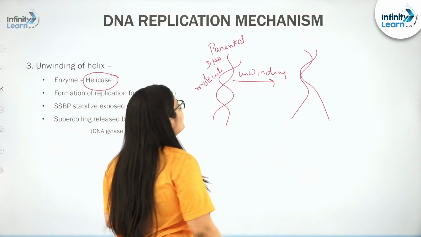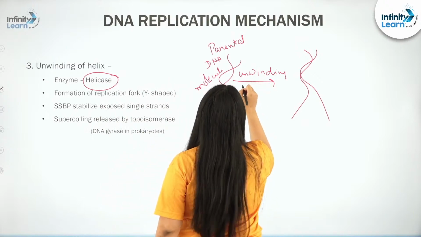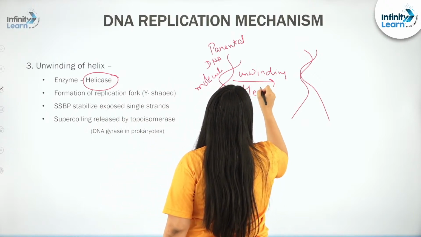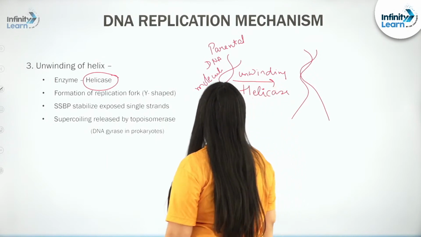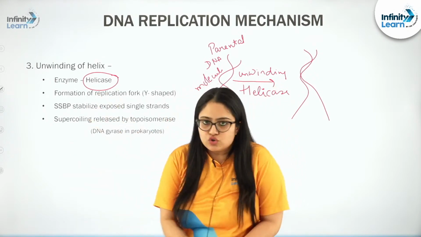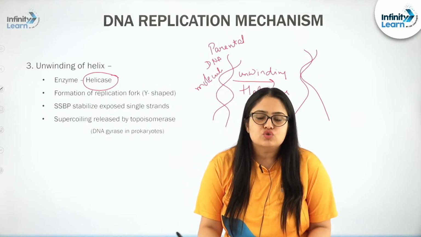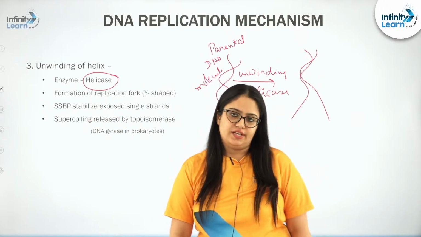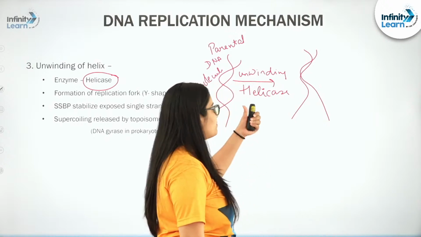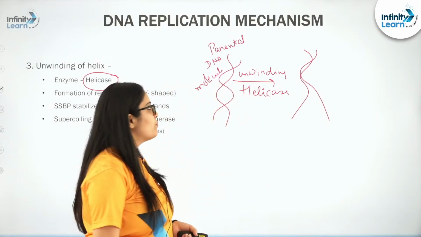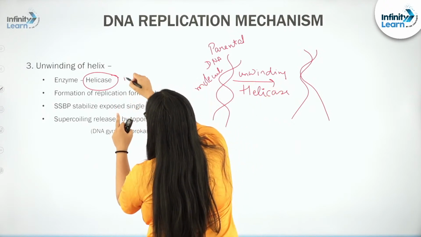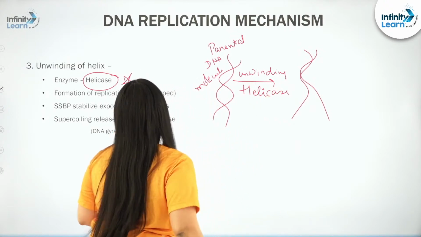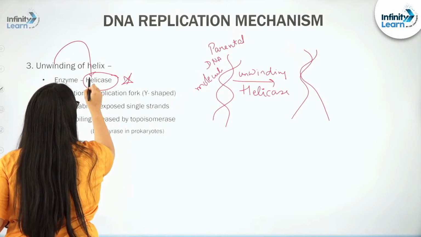So, unwinding will be catalyzed with the help of the enzyme helicase. The enzyme helicase will help to open up or separate the 2 strands of the parental DNA molecule participating in the DNA replication process, right?